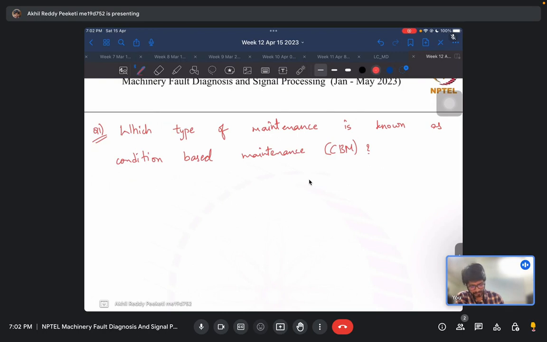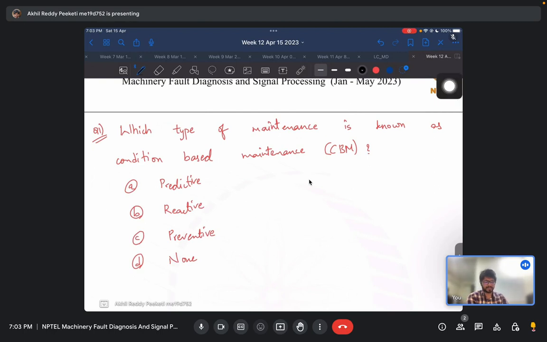The options are predictive, reactive, and preventive. So which type of maintenance is known as condition based maintenance? Predictive, reactive, preventive, or none of these three?